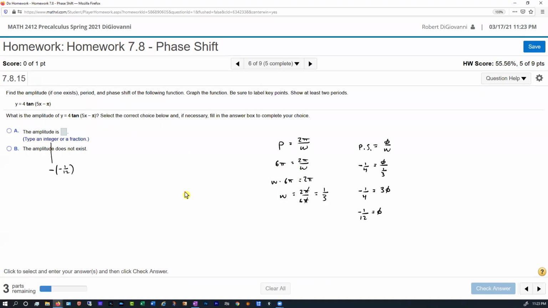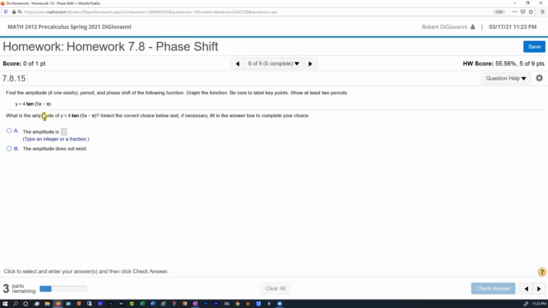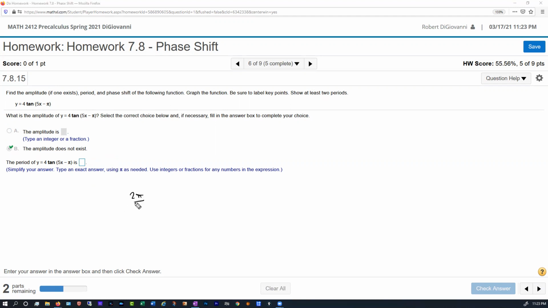All right, next one, let's see what we got here. Find the amplitude if one exists, period, phase shift. Tangent functions don't have amplitudes, so we move on. The way we get the period: with sine, we were always doing 2 pi over omega, the number in front of x.